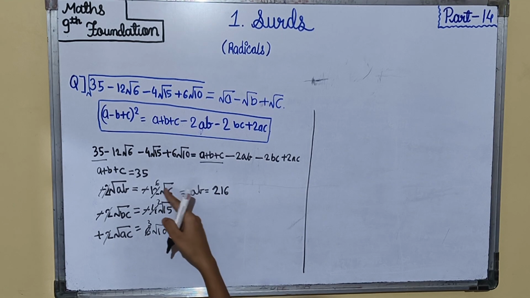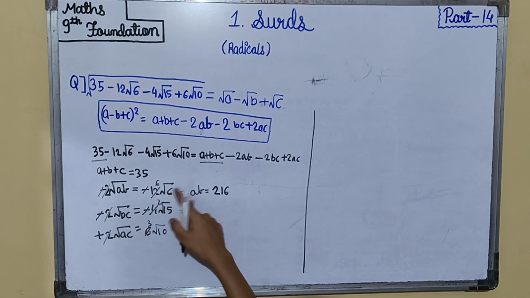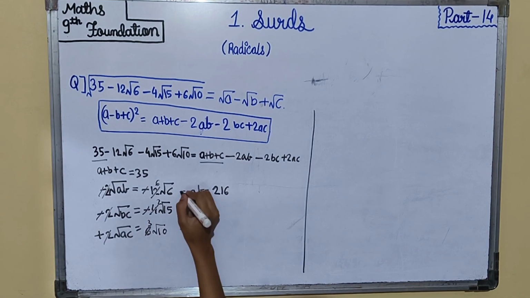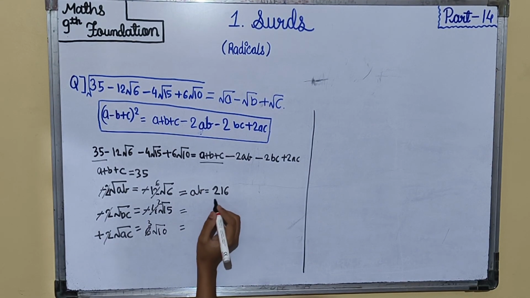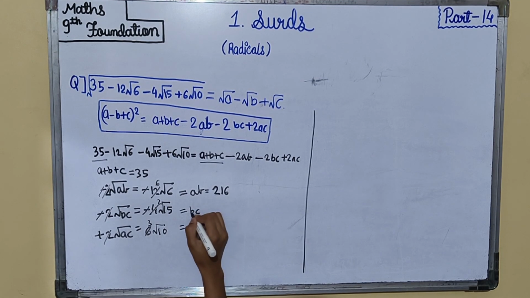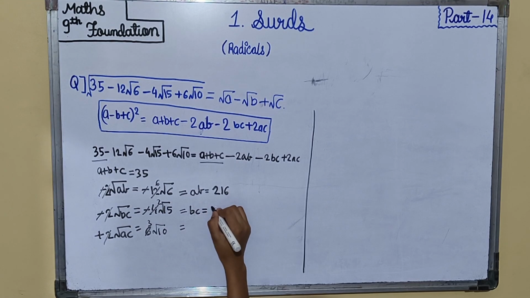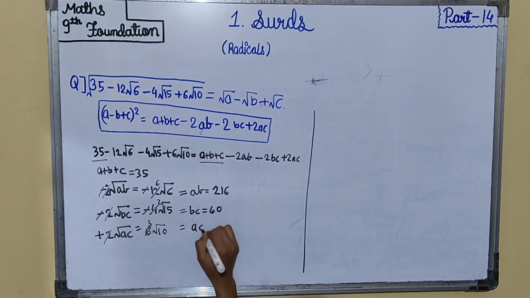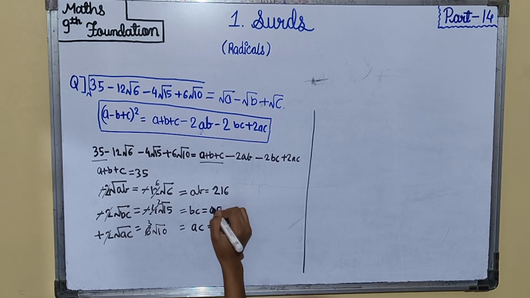You can simplify this by squaring both sides, then multiplying. This is the basic thing, so I'm not solving it totally. Now bc would be equal to 60 and ac would be equal to 90.